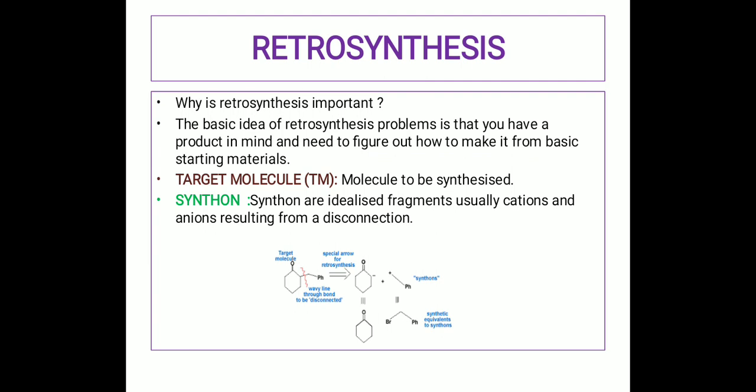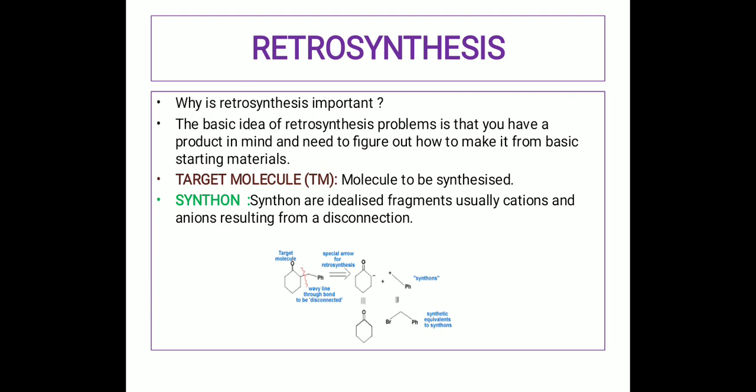These are the two separate individual cation and anion obtained from the disconnection. So here we have a cyclohexanone anion and a benzyl cation. So these two are the fragments from disconnecting the target molecule. Now these are called the synthons.